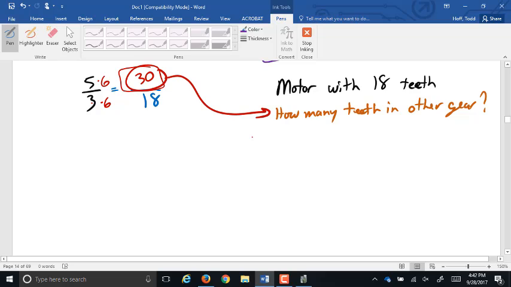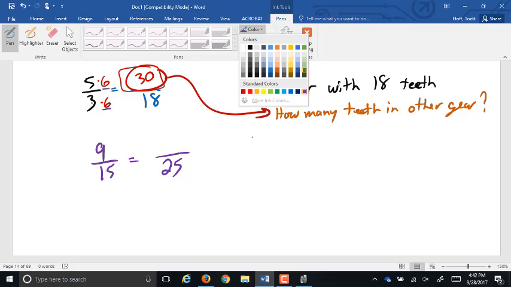Now, if I look at what happened there, I just used equivalent fractions to change those numbers to make them equal. It's not always quite that simple. I might have a 9 and 15 ratio, and I want to figure out, well, how much is that going to be if it has to be out of 25? Well, what do I multiply 15 by to make it 25?